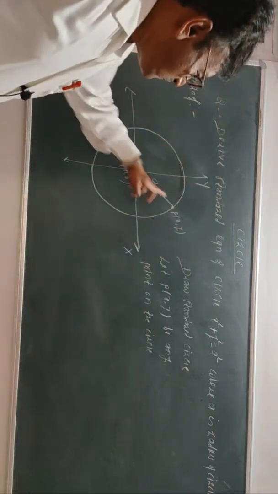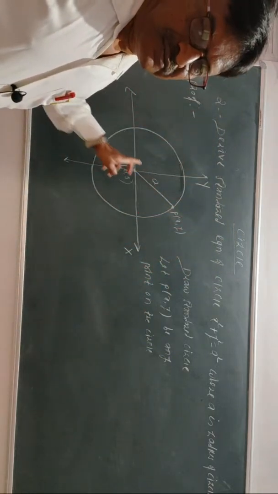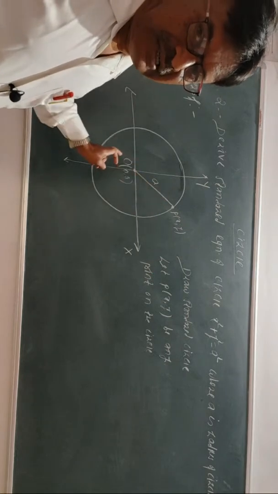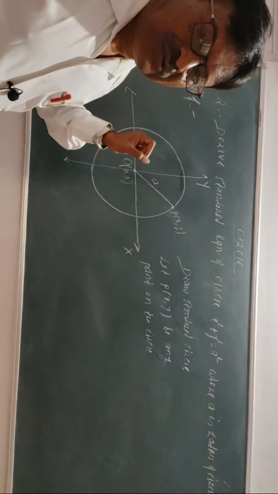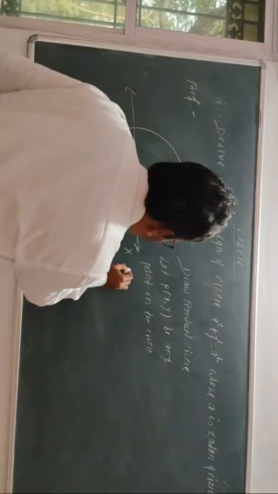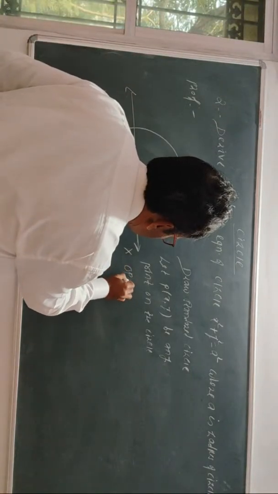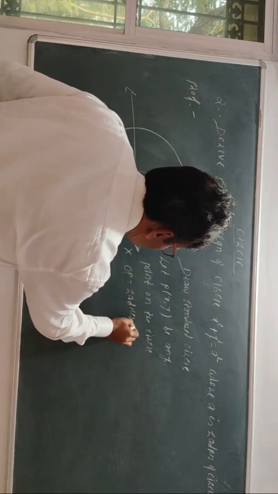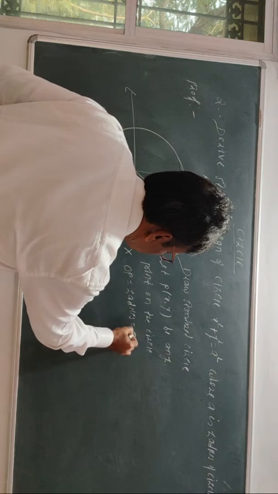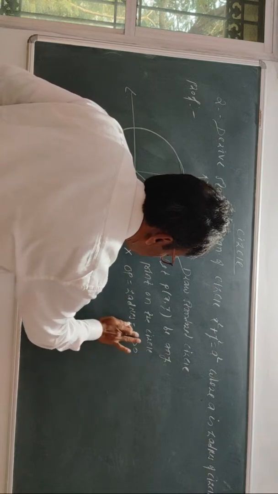Then OP is called the radius of the circle. Join O and P, we get line segment OP, and OP is called the radius of the circle. OP equals radius, and this equals a, which is greater than 0.